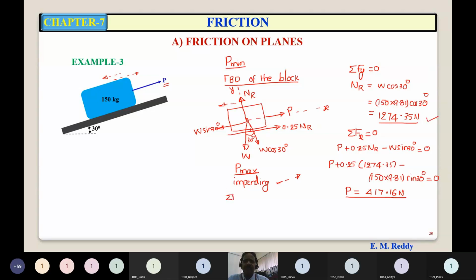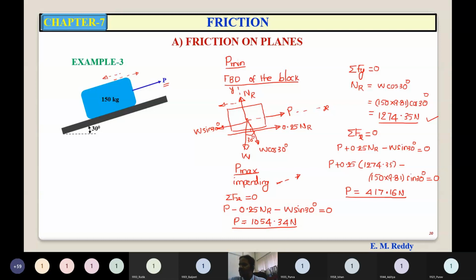When you write summation Fx is equal to 0, you have plus P minus 0.25 into normal reaction minus W sin 30. Putting the values of normal reaction NR and W, you will get P as 1054.34 Newton.